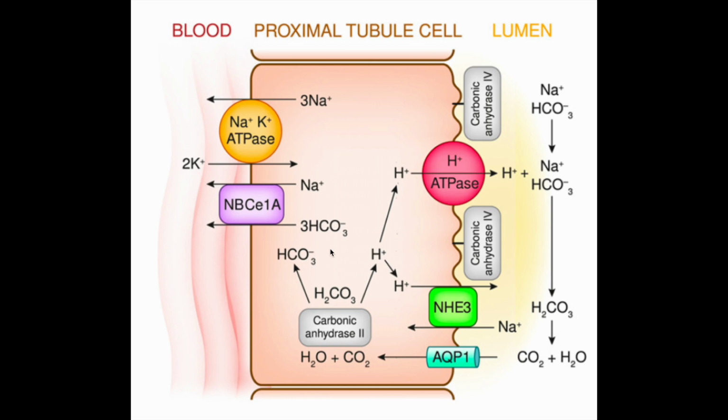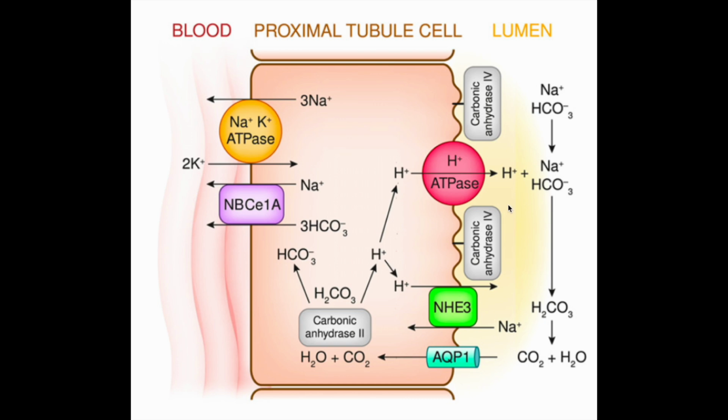This negative potential makes the entry of the sodium into the cell possible. So sodium now enters into the cell in the concentration gradient as well as the electrical gradient. So the sodium that enters combines with the bicarb which has been generated over here and goes into the blood, thereby reclaiming the bicarb.